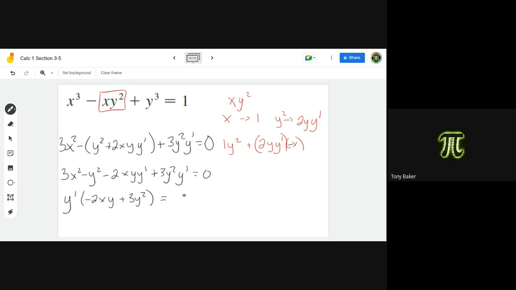And then I move the other stuff over. So negative 3x squared plus y squared. So y prime equals negative 3x squared plus y squared divided by negative 2xy plus 3y squared.